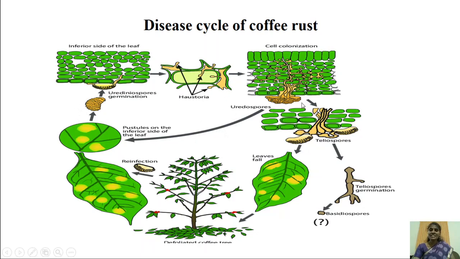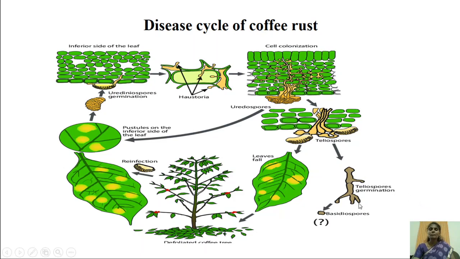During the dry season, at the same point where uredosori developed, a teliosorus is formed, which forms another type of spores called teliospores. These teliospores are bicelled structures with a dikaryotic nucleus. They later develop to form basidium, which is nothing but a promycelium of the fungus.